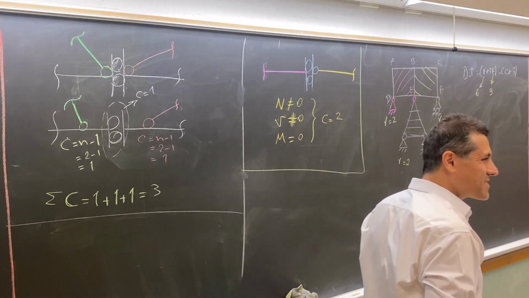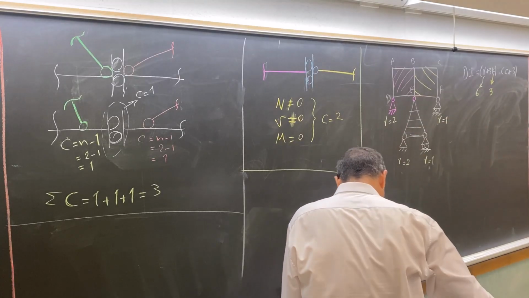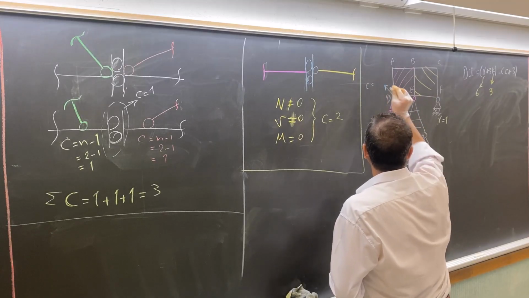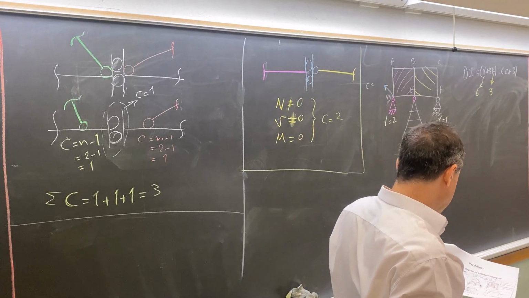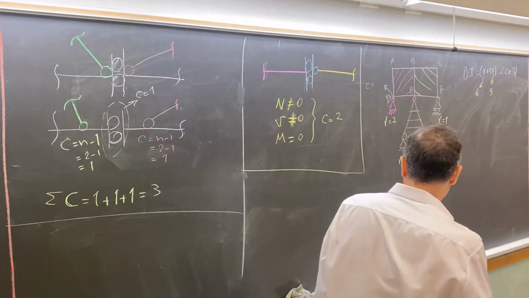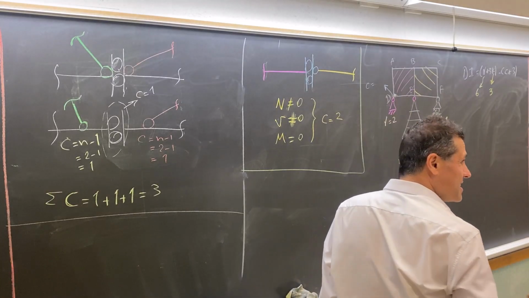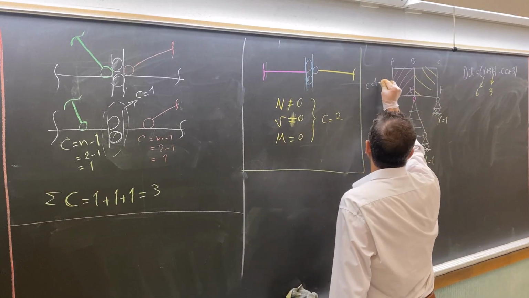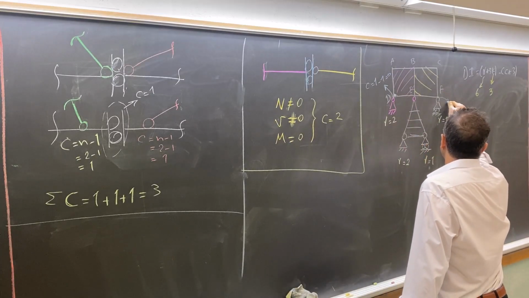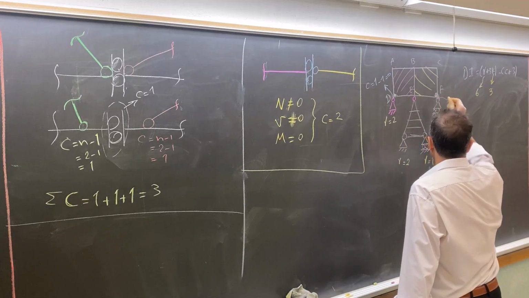So K is 3. Number of condition equation. You help me here. See, this is pin. How many elements are connected? Be careful. 1, if it is welded. So 1 minus 1 is 0. What about this? 1, because it is also welded.